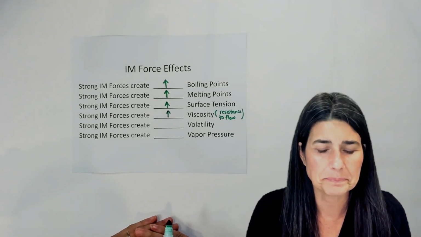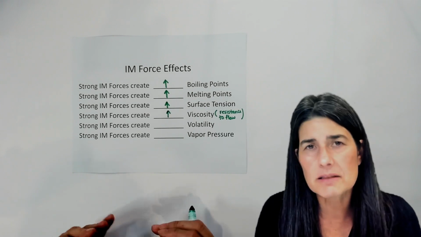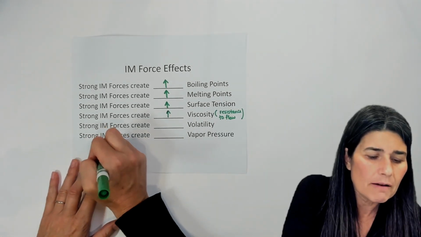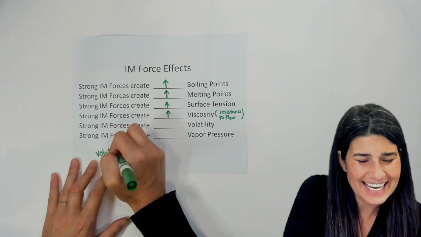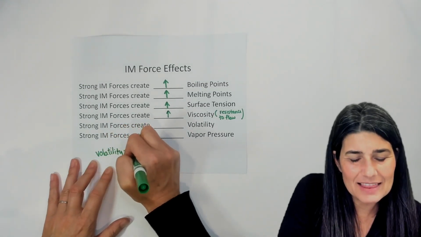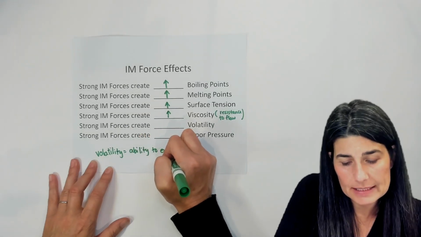All right, two more. What about volatility? So let's define volatility. Volatility is the ability to evaporate.